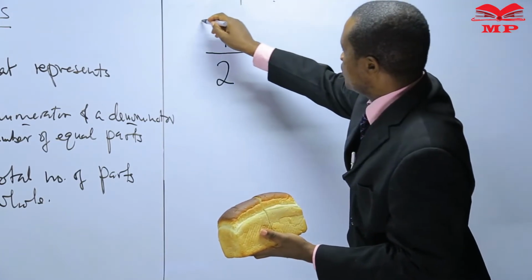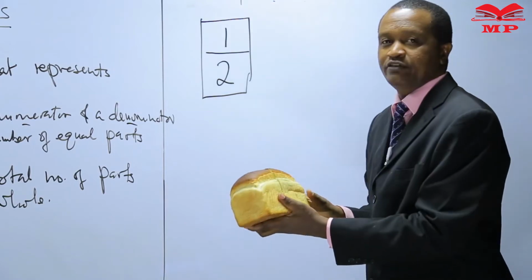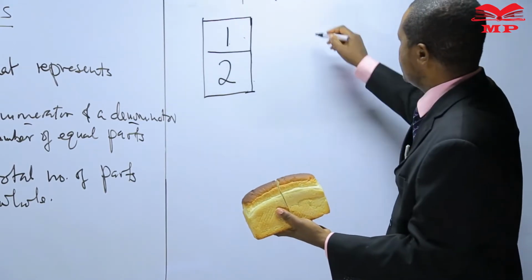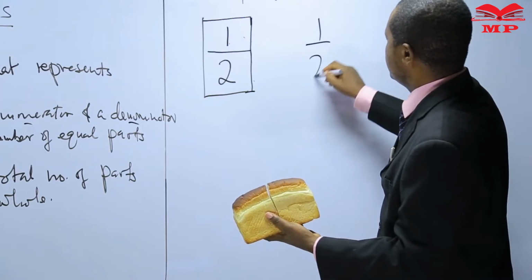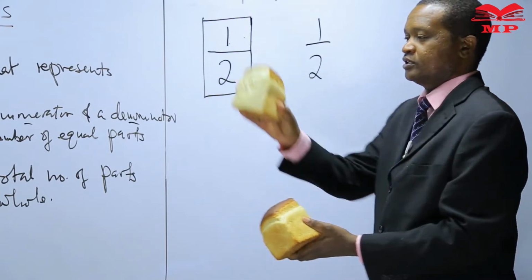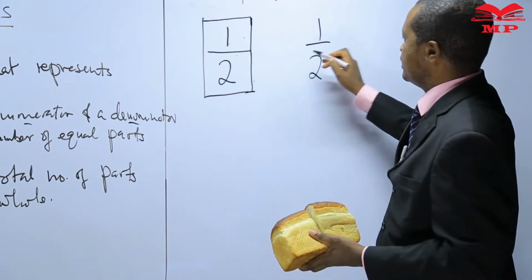So this 1/2 here is a fraction. In this case, there are 2 halves. This is a half of a loaf, then half of a loaf. A half and a half.